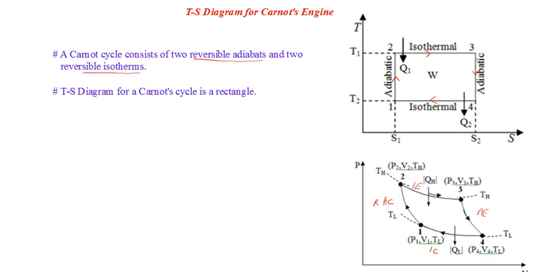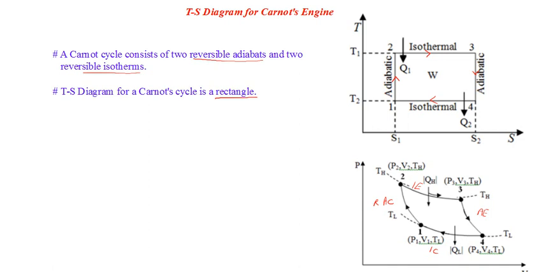In the TS diagram, adiabats are isentropic and isotherms are both straight lines. So the TS diagram for a Carnot cycle is a rectangle. That is a very important point to be remembered. Okay, there is no difficulty in remembering this fact. So it will be a rectangle. Right?